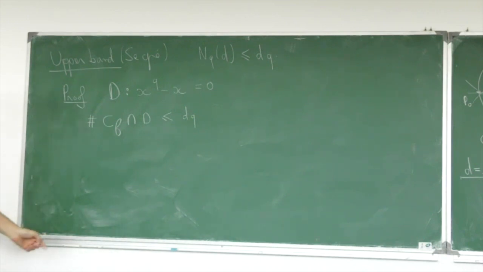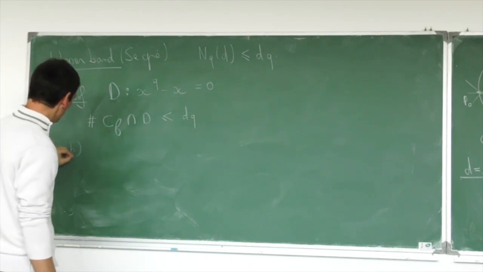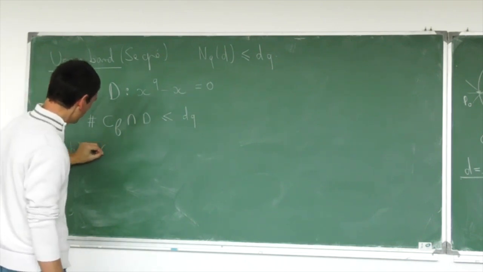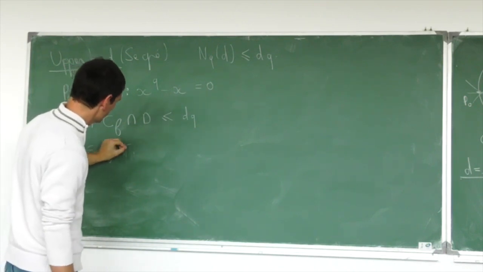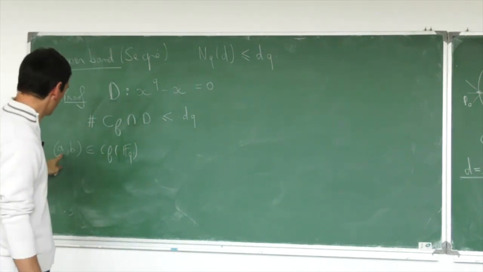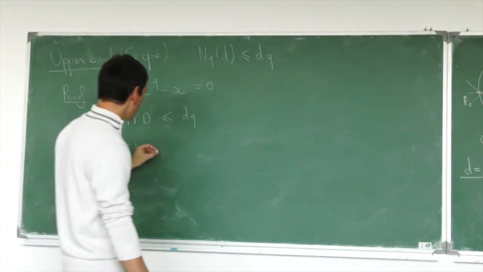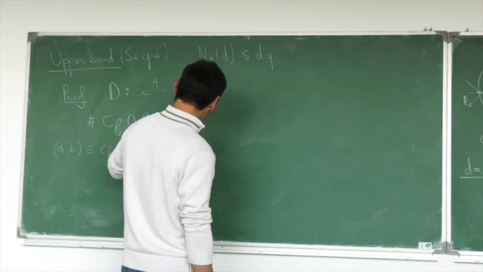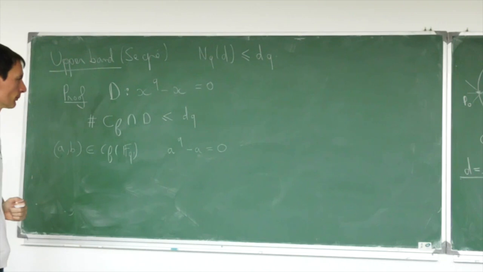Okay. Then let's consider a point (a, b) that would be a rational point on CF. What I see is that a has to be inside Fq, and this means that we also have a to the q minus a, which is 0.